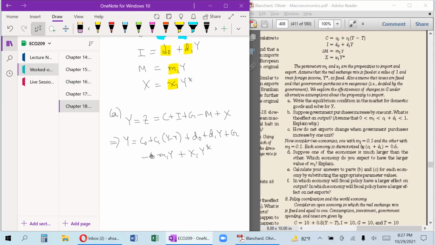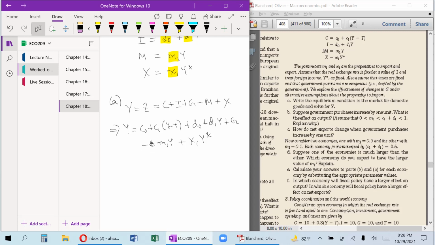And now you know how to solve this problem, right? We've done quite a lot of similar problems in Eco 207. So I'm not going through all the steps. Once again, you should be able to do it.